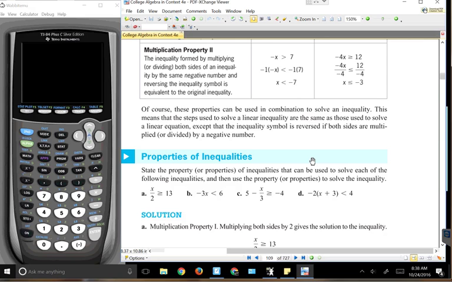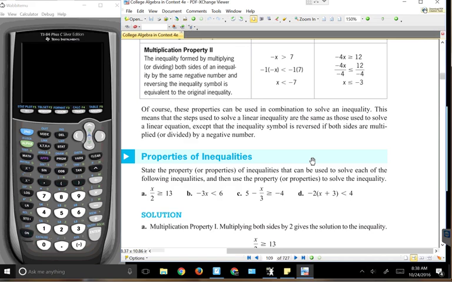Well, yeah, if you multiply or divide, the opposite side becomes a negative. But what do you do with that inequality? Flip it. Always have to flip it. So if it started off with greater than, you've got to flip it to less than. If it was less than or equal to, it goes to greater than or equal to. Okay? Always keep that in mind.